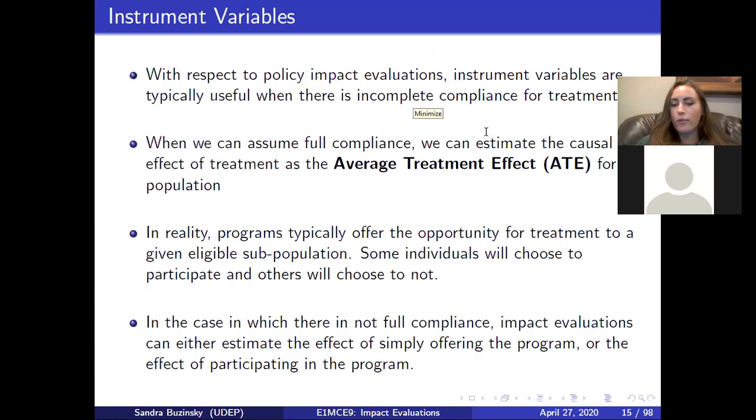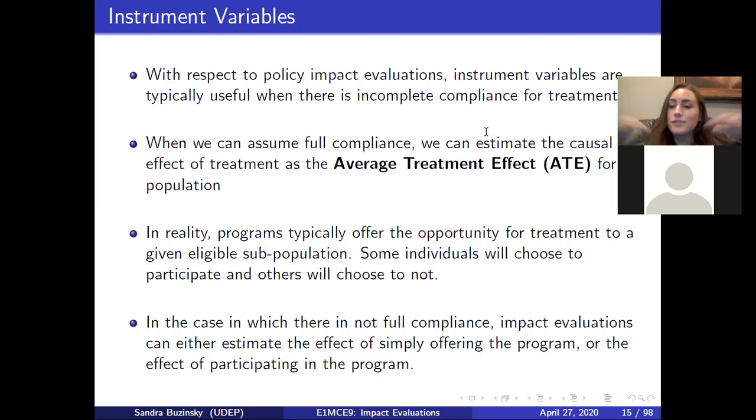Remember how in randomization we said these people are receiving treatment and these people are not receiving treatment, so they're in the control. That guarantees that everyone we say should be getting treated is actually receiving treatment, and everyone in the control group is not. Before, in our assignment, we basically assumed that everyone receives treatment and everyone who is not supposed to doesn't.